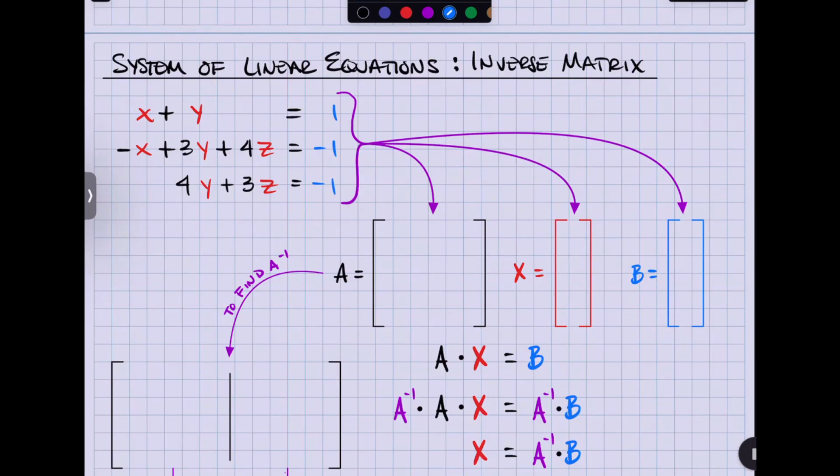If we were to put this in here, we would have 1, 1, 0, -1, 3, 4, and then 0, 4, 3. And the answer is 1, -1, -1. And the variables x, y, z would just be here.